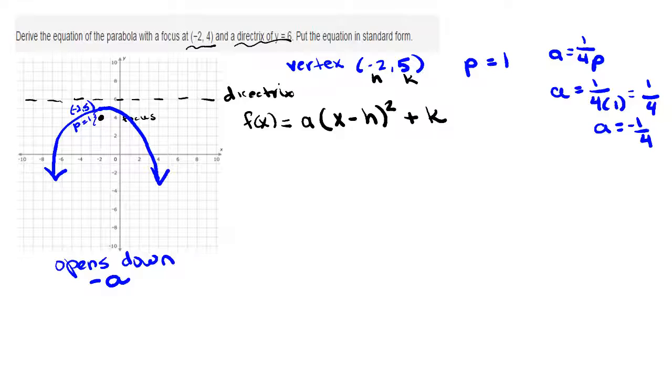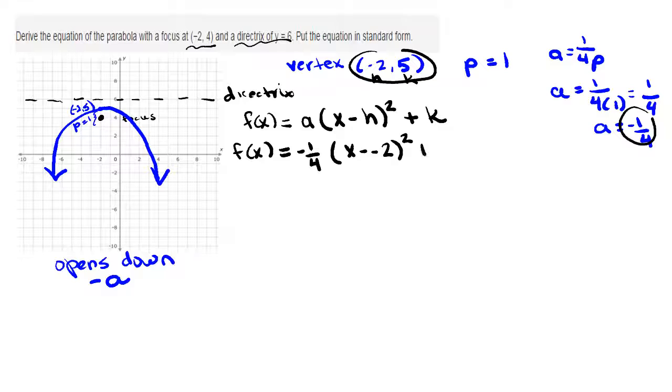So now we have everything we need. We have the a value, we have the h and the k. We're going to plug into this formula. f(x) equals -1/4 (x minus -2) squared plus k is 5.